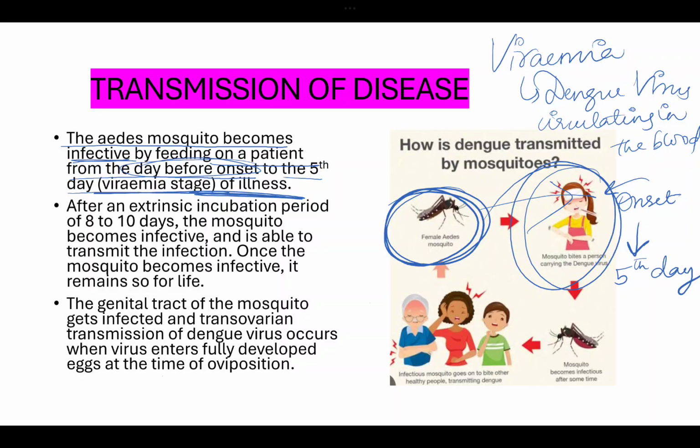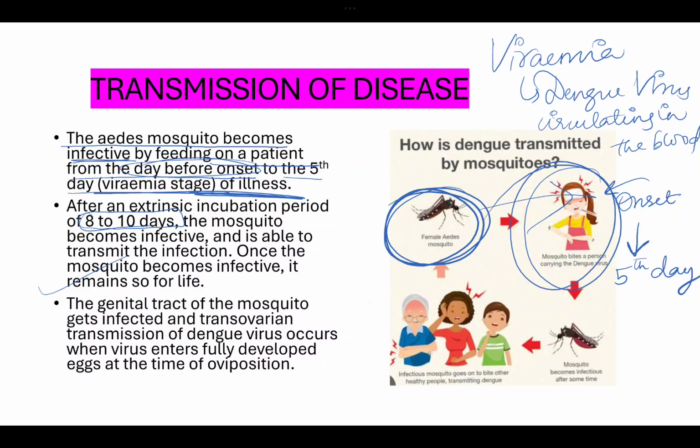After an extrinsic incubation period of 8 to 10 days, the mosquito will become infective. So it takes almost 8 to 10 days. Then the mosquito will become infective and is able to transmit the infection. Once the mosquito has become infective, it remains infective for its entire life.